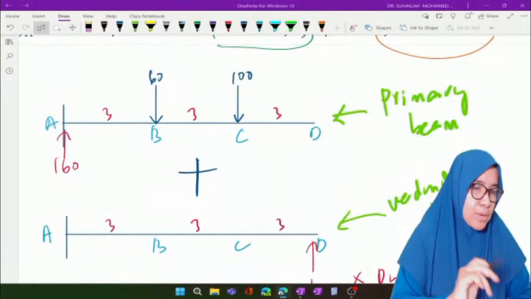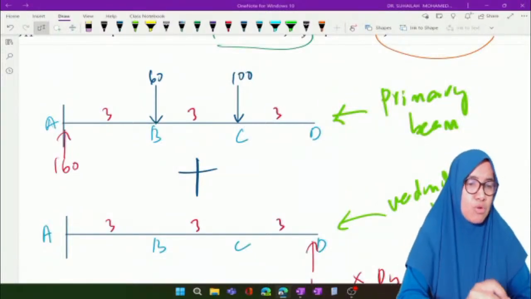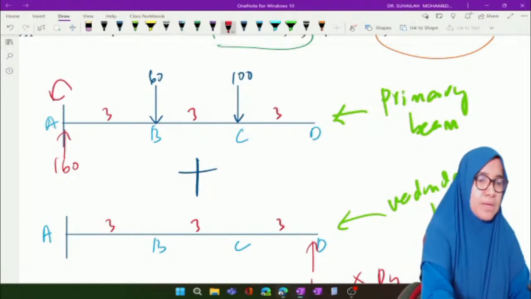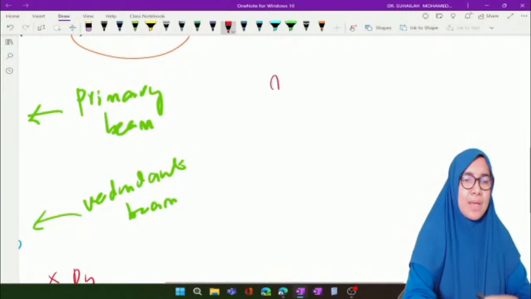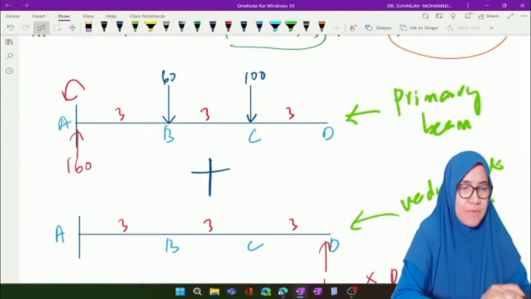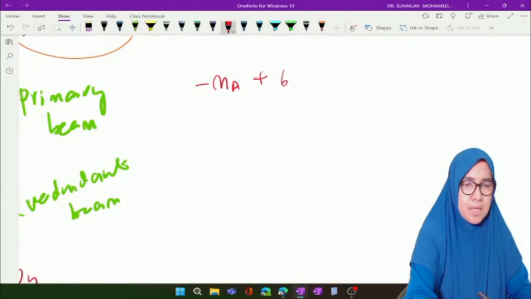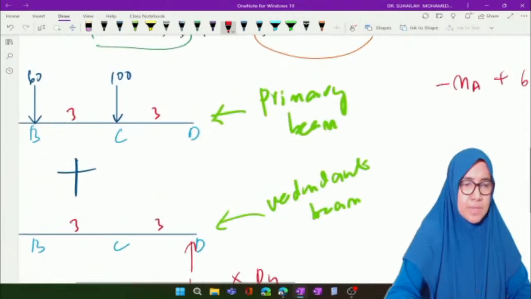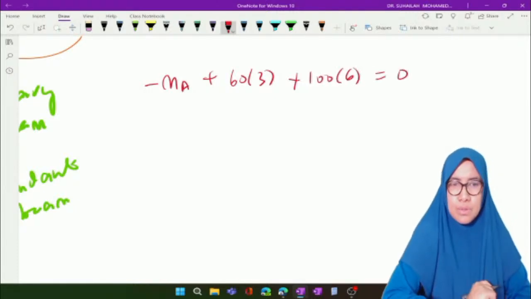Okay, it is 160. What about the moment at A? We have to calculate the moment at A. It is negative MA plus 60 times 3, plus 100 times 6 equal to 0.